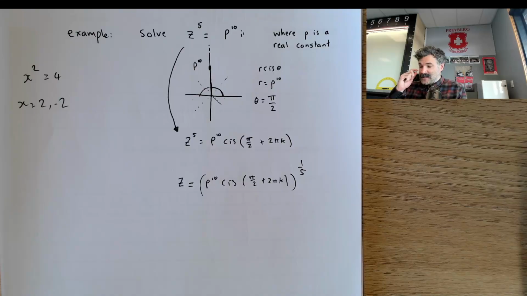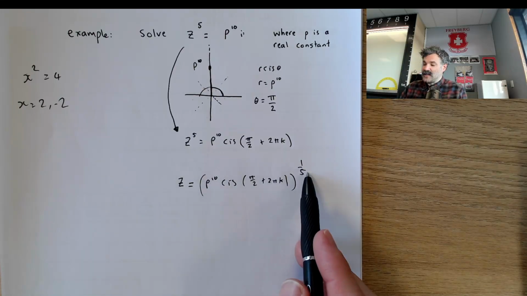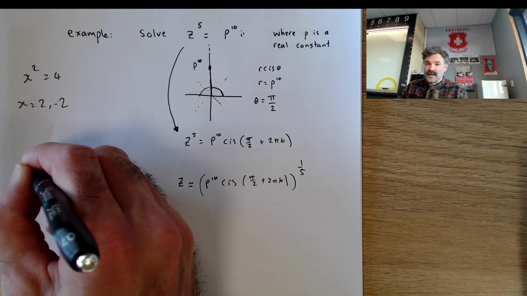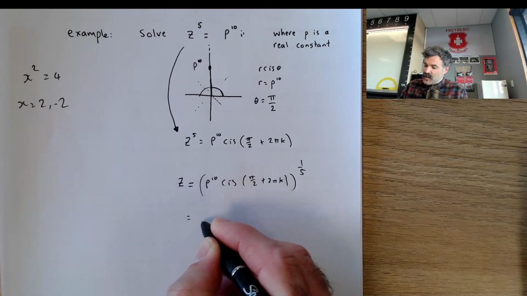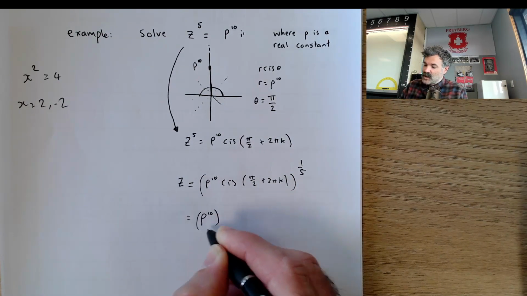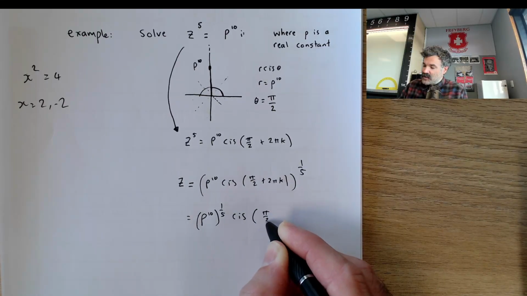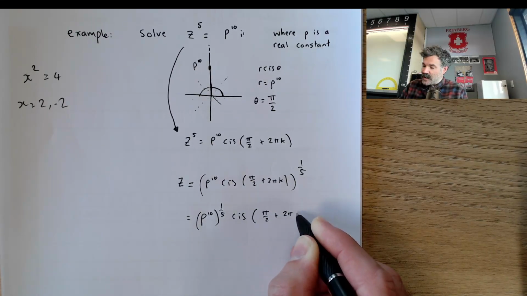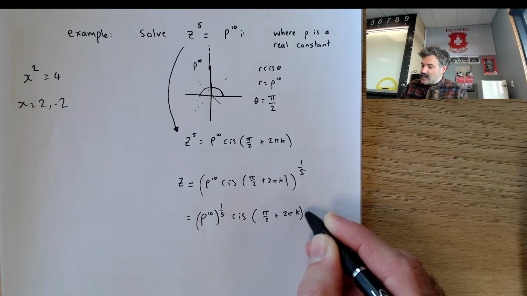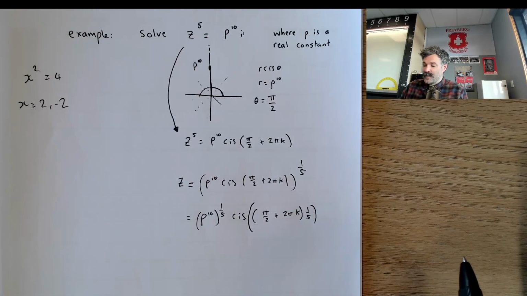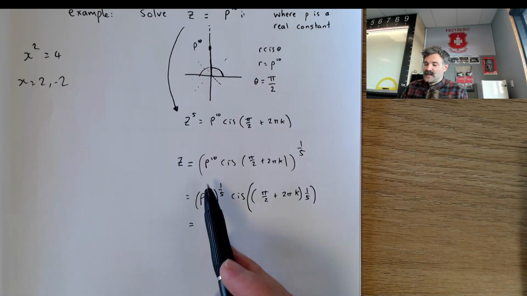So in essence, I'm raising p to the power of 10 to the power of 1 over 5. I'll write it out. So this becomes p to the power of 10 all to the power of 1 over 5 times cis of pi over 2 plus 2 pi k all times by 1/5. Remember some basic algebra here.